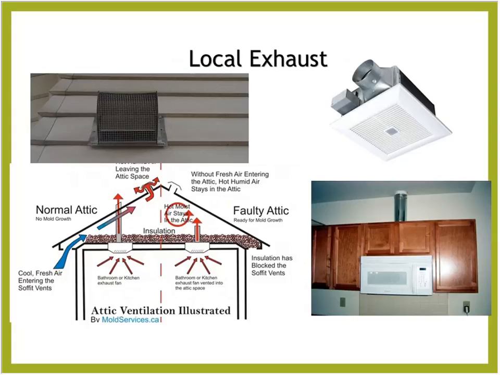It's about making sure that they're vented not into the attic but actually out of the attic, and that the ducts in insulated attics are properly sealed. If you're venting them into the attic, you've got some problems because then you're dumping moisture into the attic and potentially causing some issues.